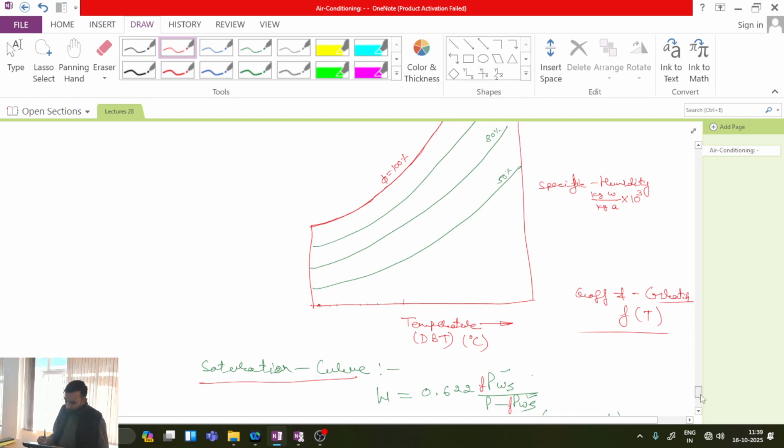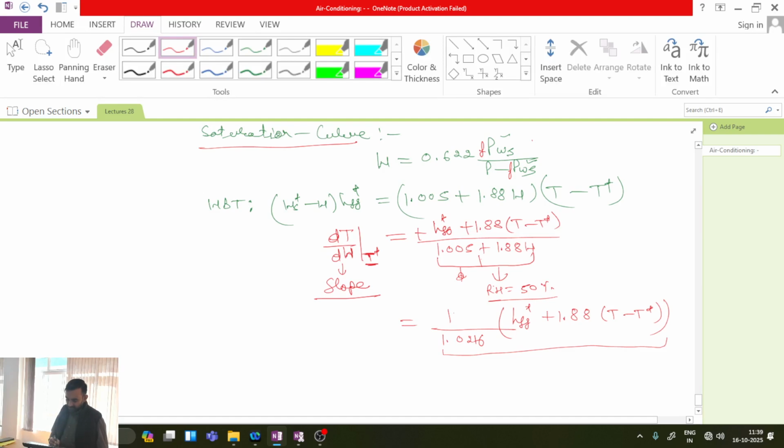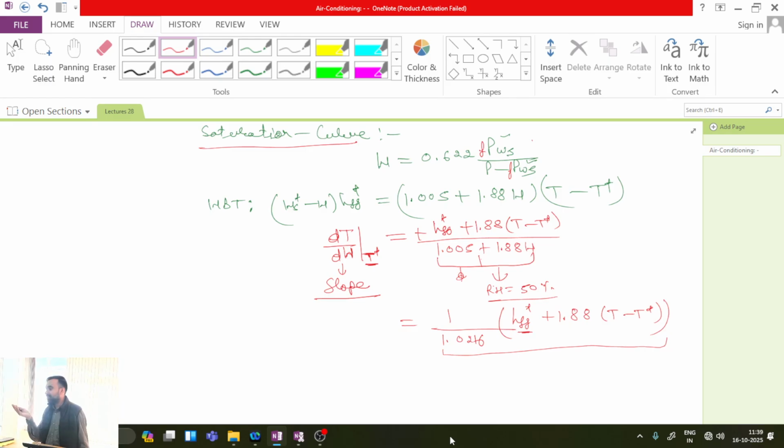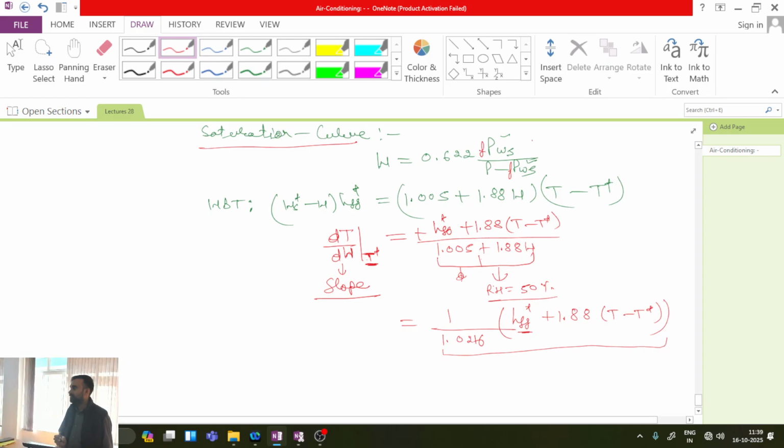The slope along the ordinate axis comes out to be 1 divided by 1.0216, which is a constant value, into HFG star. What is the meaning of HFG star? The value of latent heat of vaporization at T star. T star is fixed, so HFG star will also be fixed.